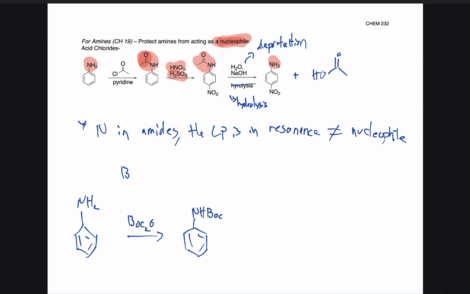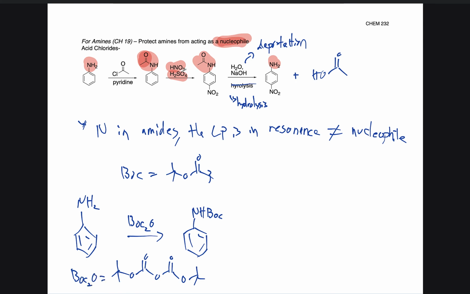And the BOC group is this large thing here. So it's this ester with a tert-butyl group. And so BOC2O is just this whole thing, but you can already tell it's kind of a pain to dry everything out. So this is BOC2O.